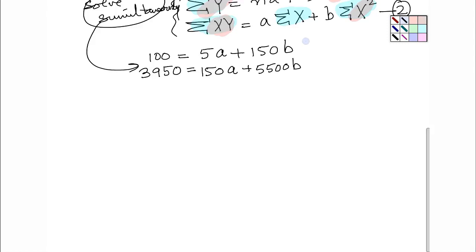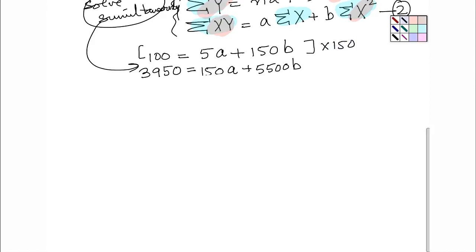And the thumb rule is you multiply the complete first equation by coefficient of A in the other equation, which is 150. Okay, so I'll multiply first equation with coefficient of A in second equation, which is 150. Fine.